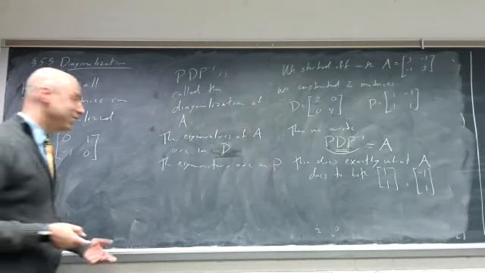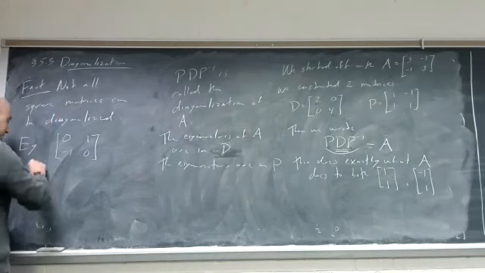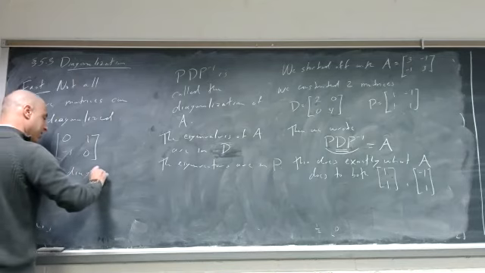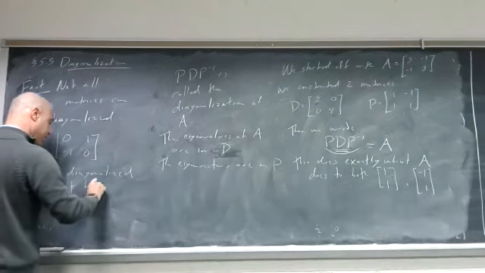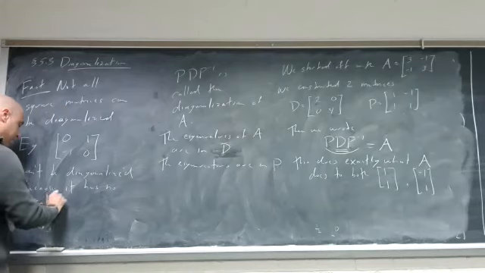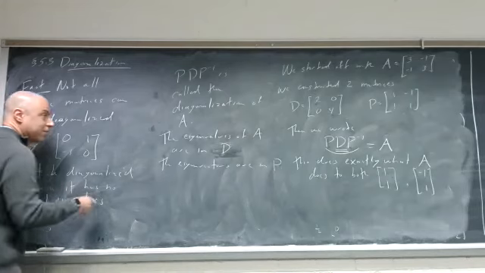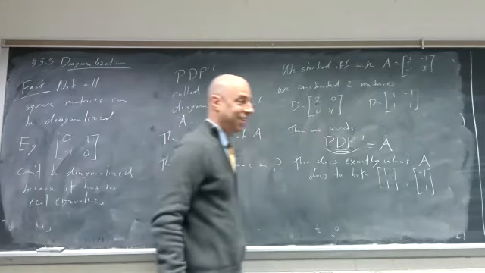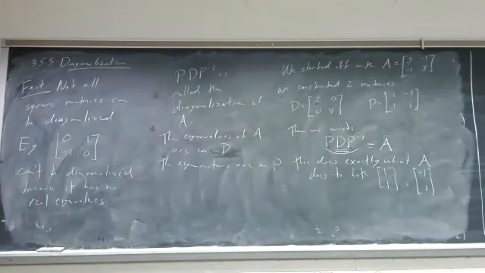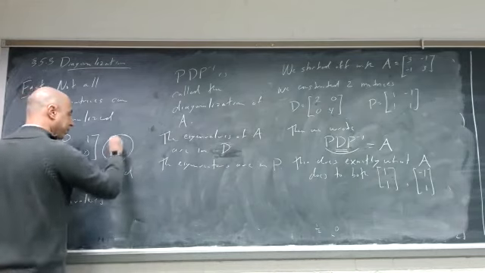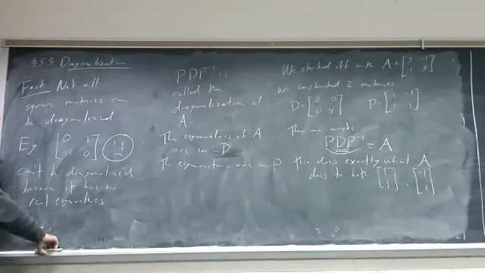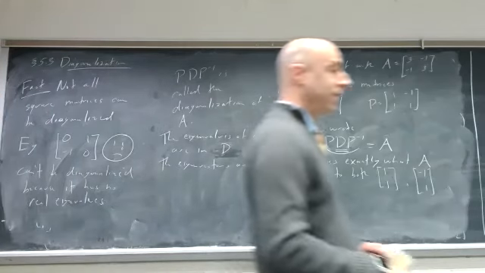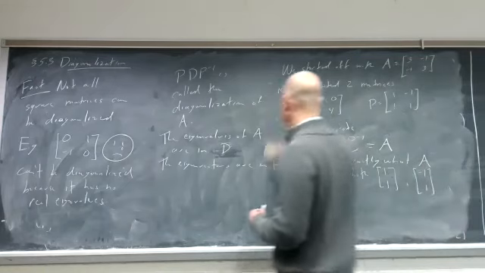We saw that this has no real eigenvalues. So we're not going to even be able to write down D. You can't diagonalize it. No eigenvalues, no eigenvectors.